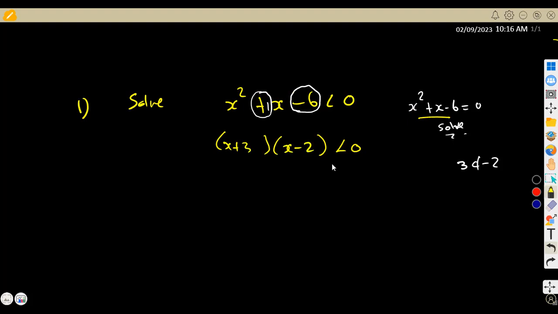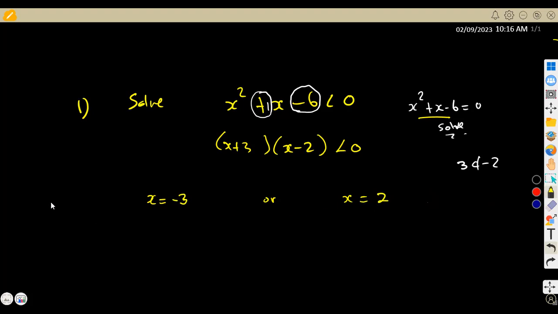For the critical values, you are now writing not with the inequality, but the actual value of x that you obtain from this equation, like x plus 3 into x minus 2 is equal to 0. So we know that x is equal to -3 or x is equal to +2.